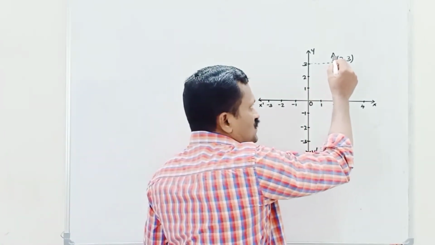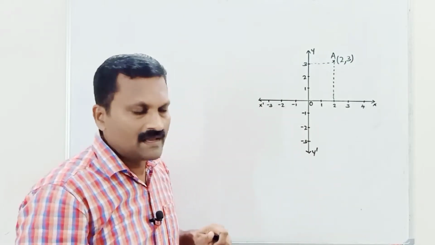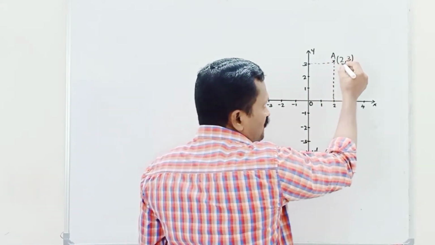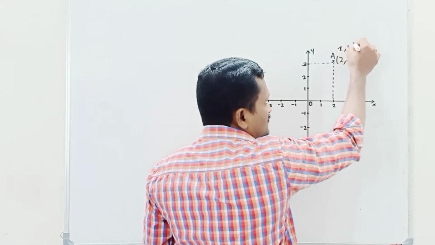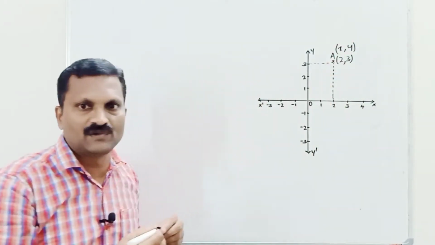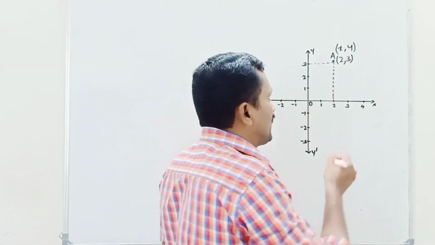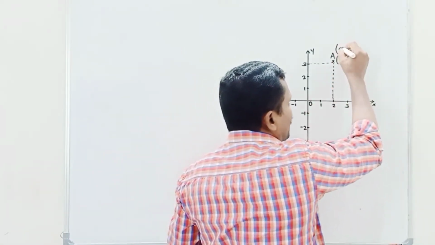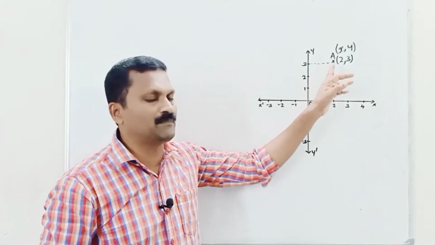The point is called point (2, 3) or ordered pair (2, 3). In an ordered pair or a point, the first number represents the x value and the second number represents the y value. So the general form is the ordered pair (x, y) or point (x, y).